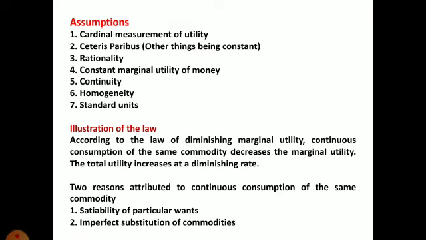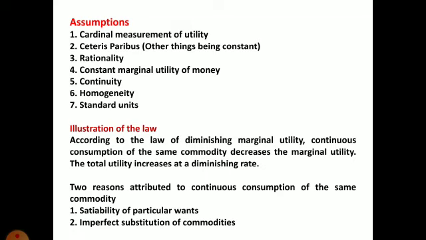And the next assumption is that the law operates only when the units of consumption are homogeneous or identical. Homogeneity implies similarities in quality, size, color, flavor, taste, etc. If the units are not homogeneous, the law will not hold good.